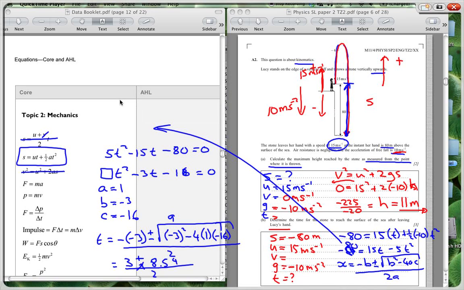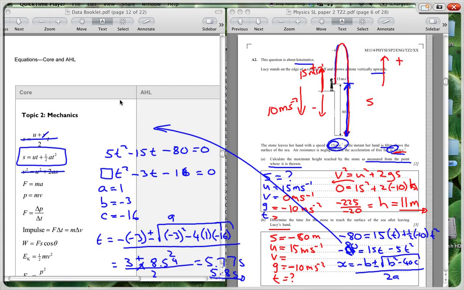So I'm going to get 3 plus my answer, divided by 2, and I get 5.77 seconds. And let's see the number of significant figures we were given: there's 2 there, 2 there, so it's going to be 5.8 seconds will be the time.